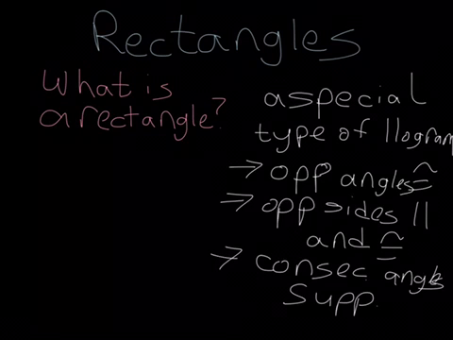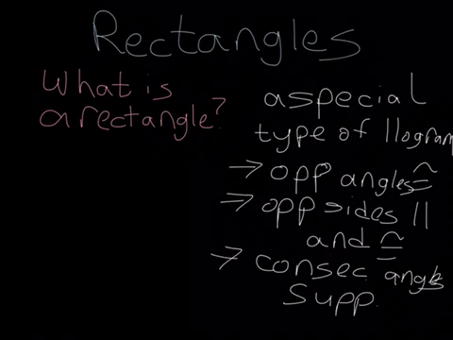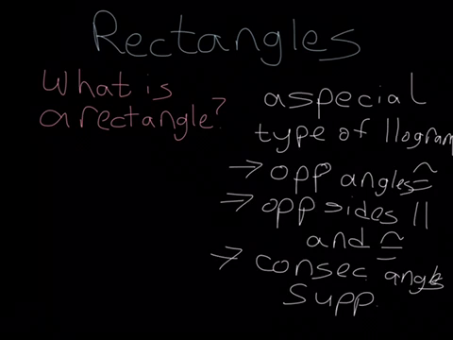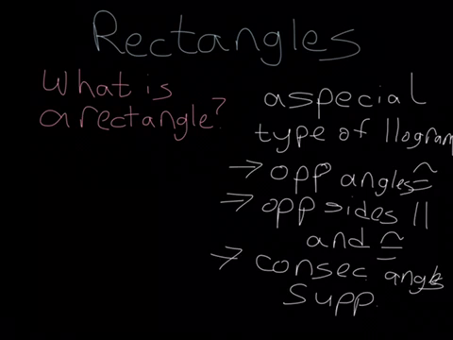Okay, so just recapping our first bit on our notes, we said what is a rectangle? We said it is a special type of parallelogram where the opposite angles are congruent, the opposite sides are parallel and congruent, and the consecutive angles are supplementary.